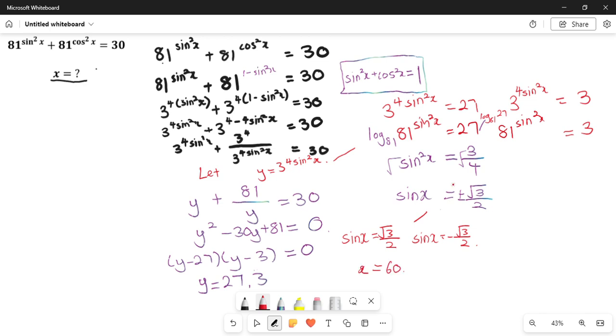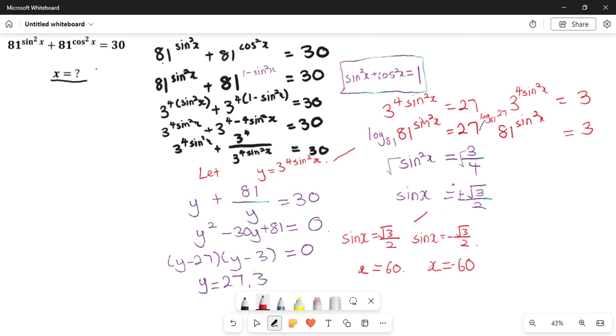This one is in a negative value, so I think your answer should be, let me see, hold on, negative 60. So your x has to be negative 60. So these are your first two answers.